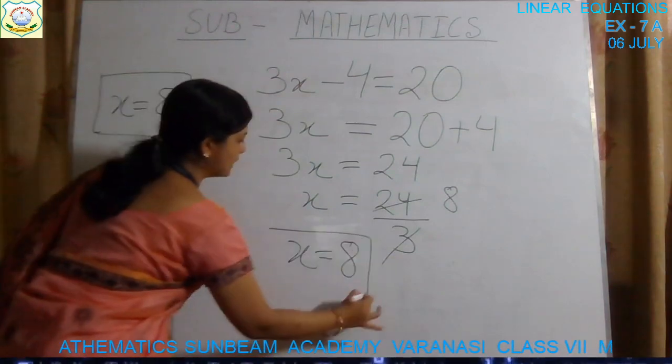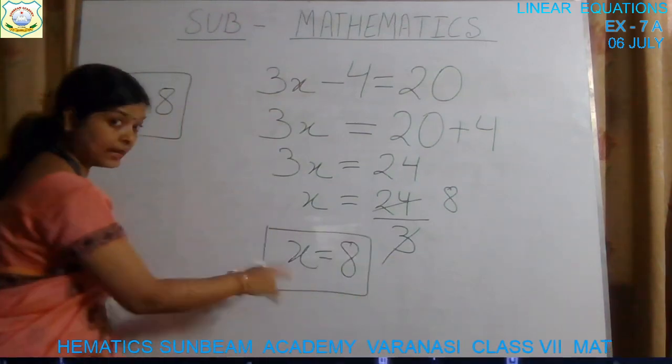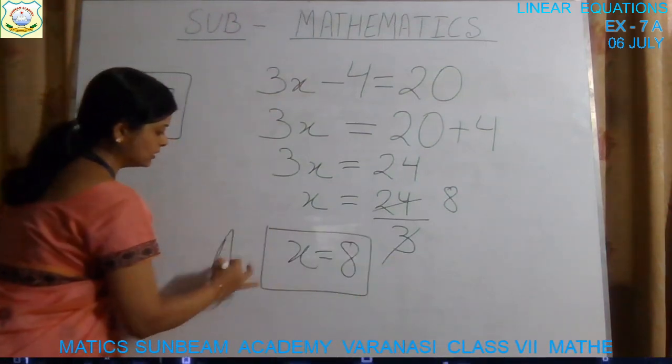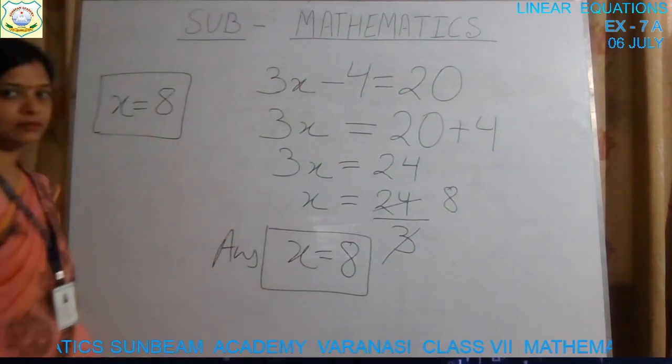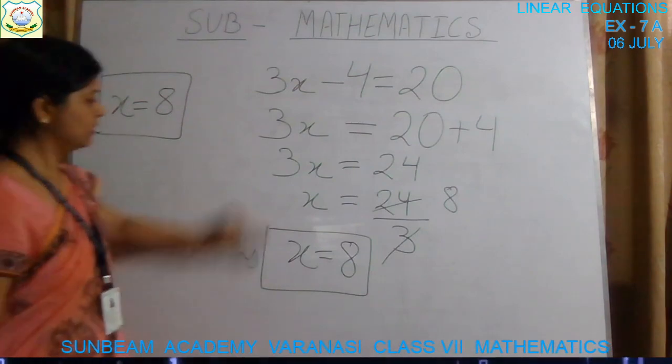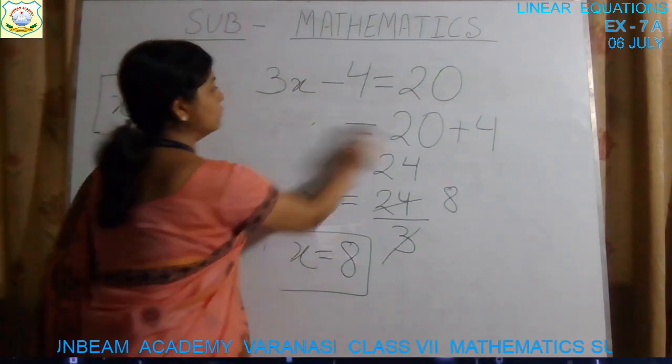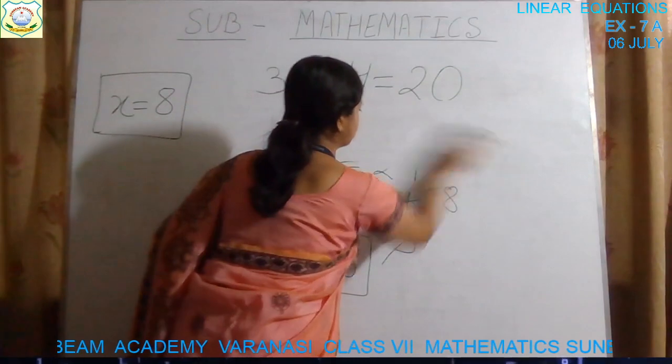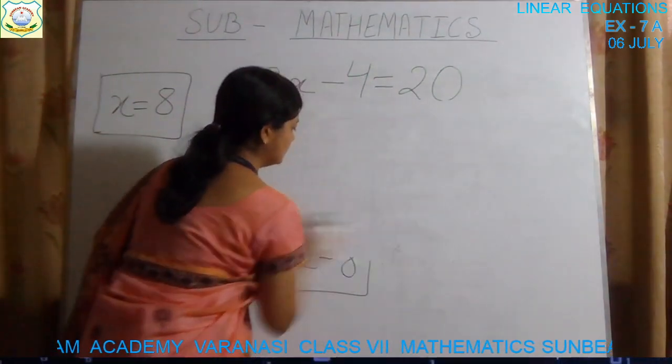Always keep your answer in a bracket in this way. Highlight your answer and put ANS, that this is my answer. X is equal to 8. Now, how to check that your answer is correct? So, let's do a method.